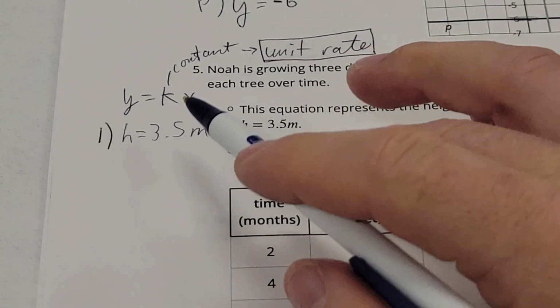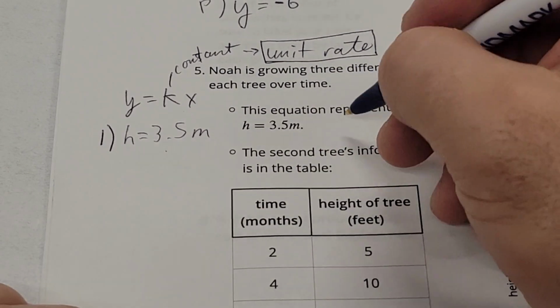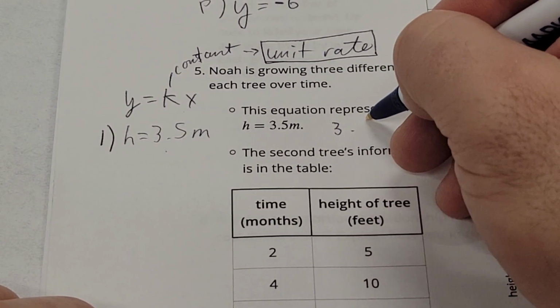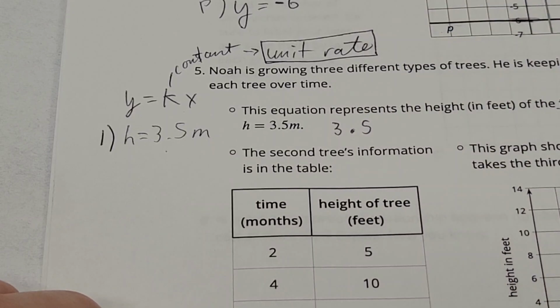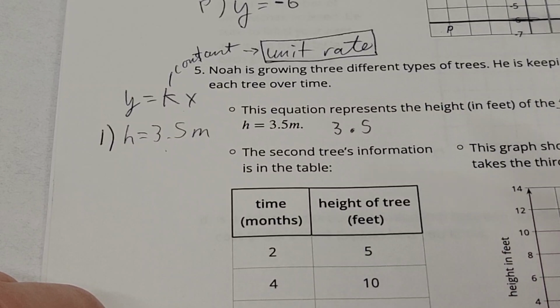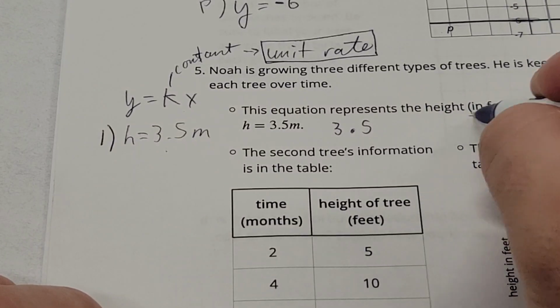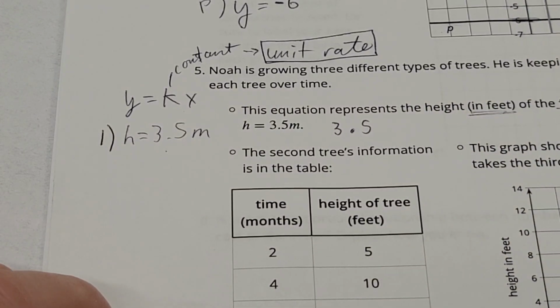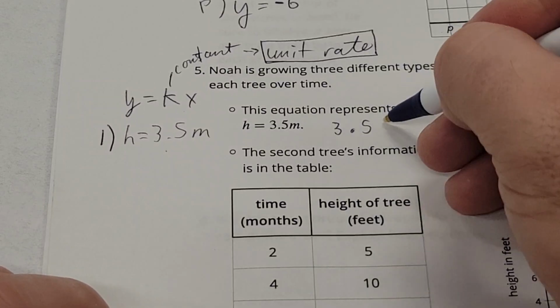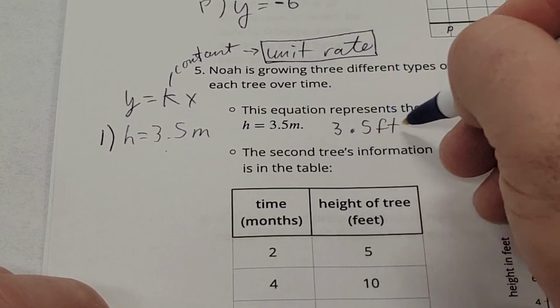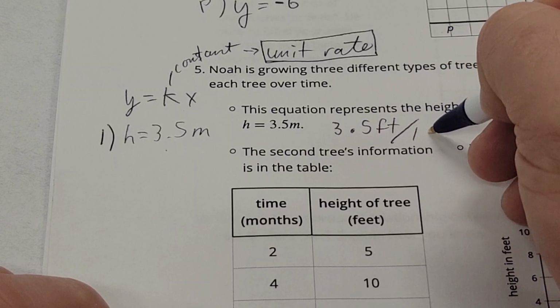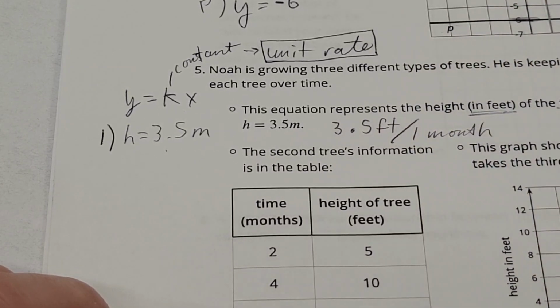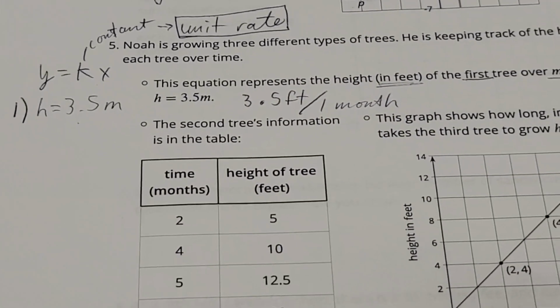So if that's the case, then this 3.5 actually stands for 3.5 feet, since it says that in height per month, right? So 3.5 feet per 1 month. Okay, so its actual speed is in the equation.